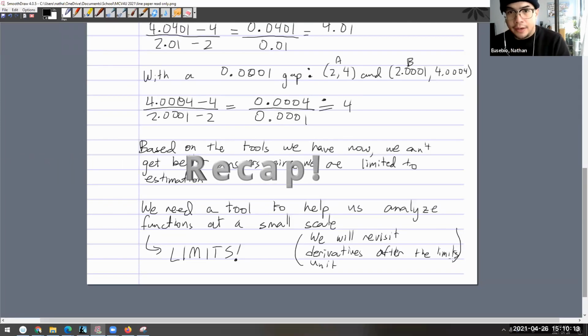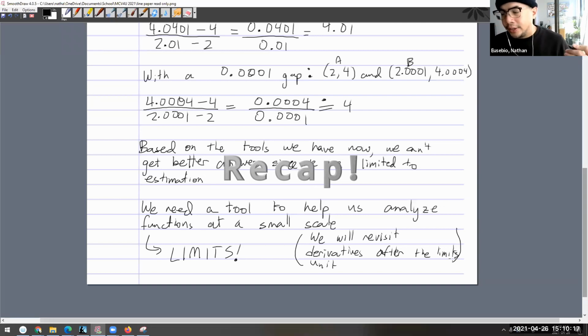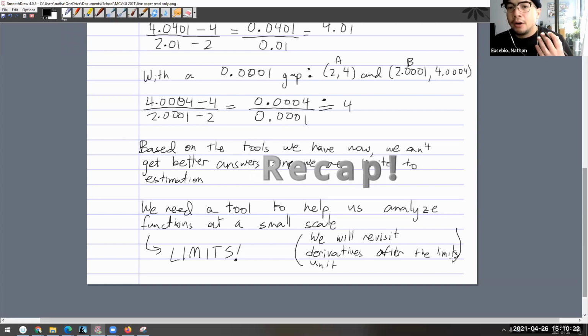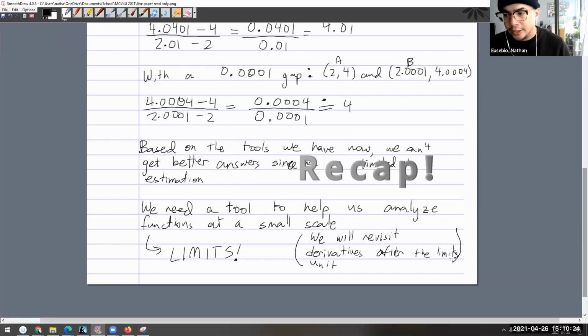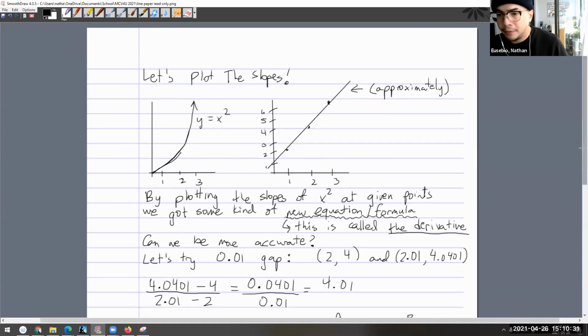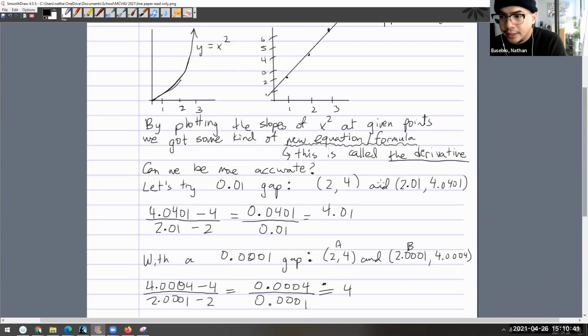Everything that I said so far, I will repeat at a later point. It's just to get us a feel for what calculus is trying to do in the first place. What differential calculus is trying to do is figure out a way to find slopes on functions, right? Based on everything we've learned so far in high school math, the only way for us to find slopes on functions is to do all of these awkward guess and check methods.